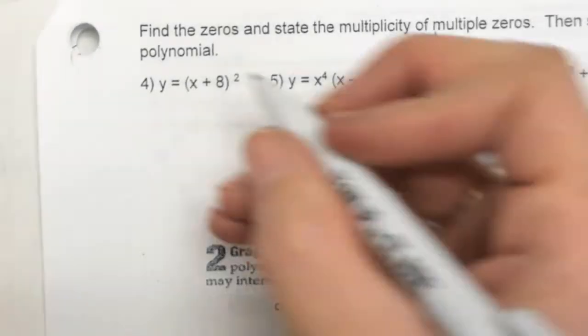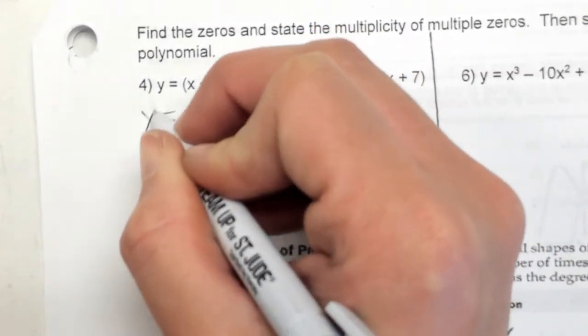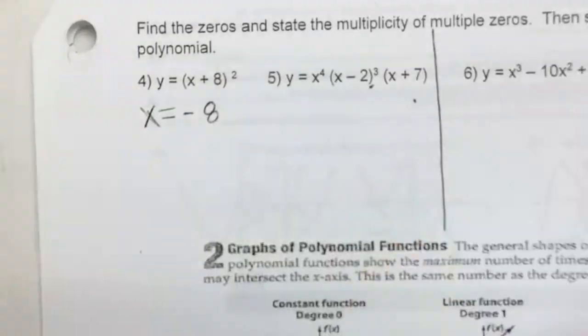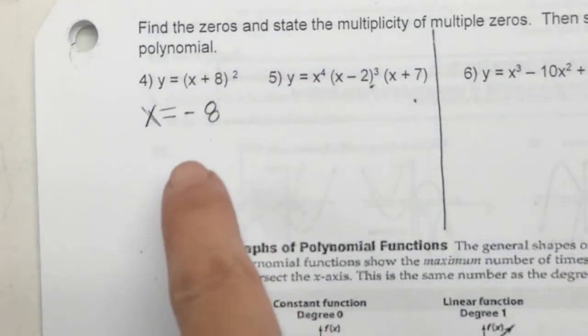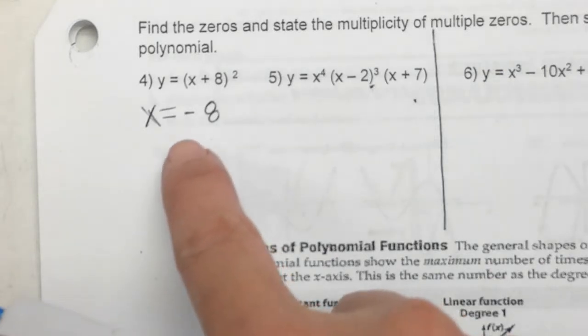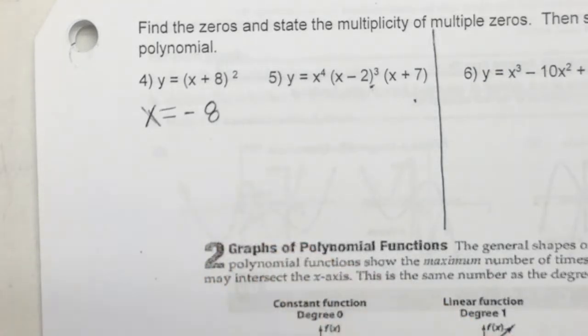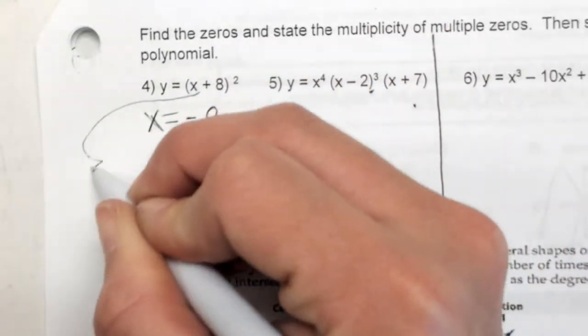Alright, what's the zero that y'all found in this one? Alright, let's talk about this one. What's the multiplicity of this zero? Anybody know? It's 2, but let's talk about why. How could I rewrite x plus 8 squared?